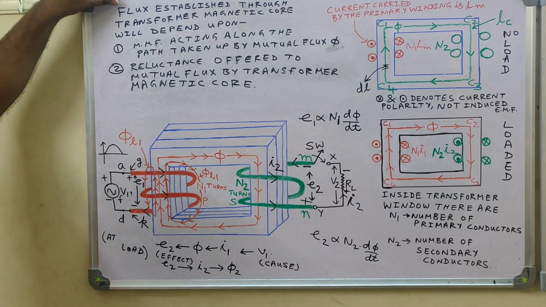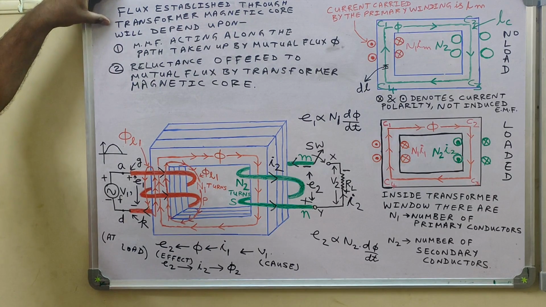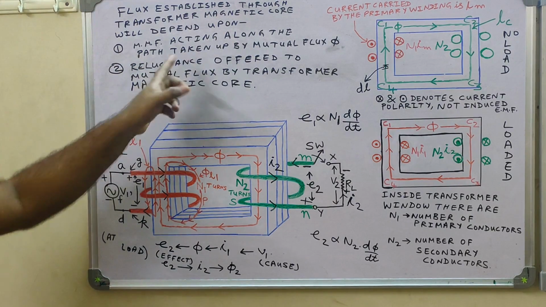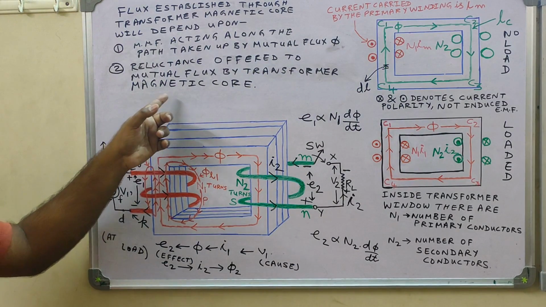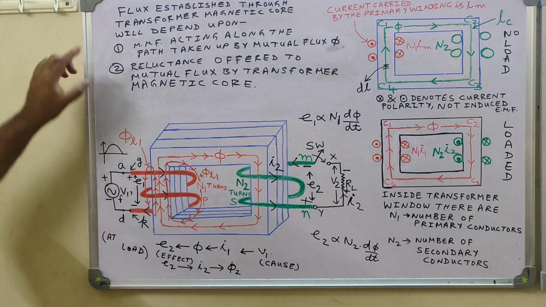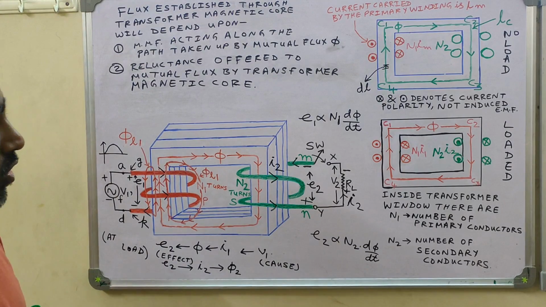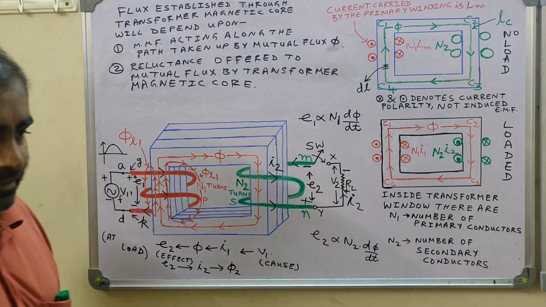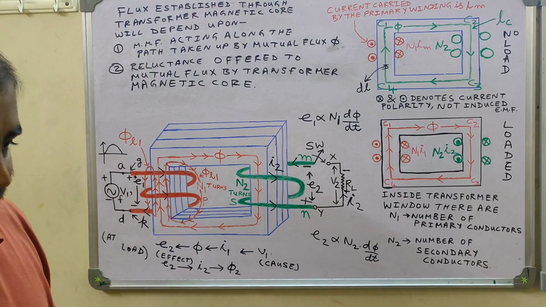What are they? Flux established through the transformer magnetic core will depend upon MMF acting along the path taken up by the mutual flux phi and reluctance offered to the mutual flux by the transformer magnetic core. But after saying these two things, we should again think over what we have learned in our earlier lecture.